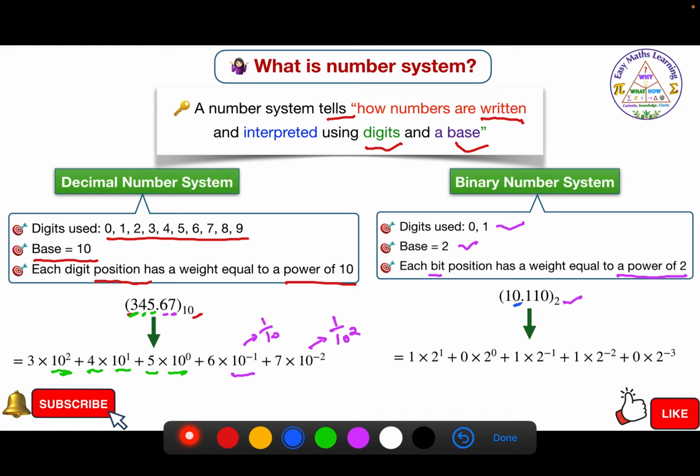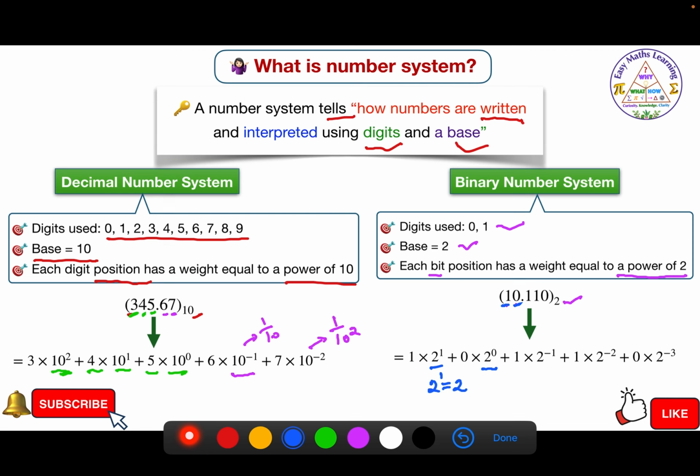So weight for this digit is 2 raised to the power 0. Okay, and this digit is at 2's place. Why do we say 2's place? Because weight for this digit is 2 raised to the power 1 equal to 2. So it is called 2's place.